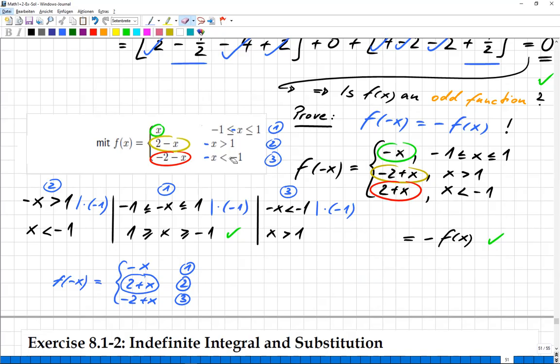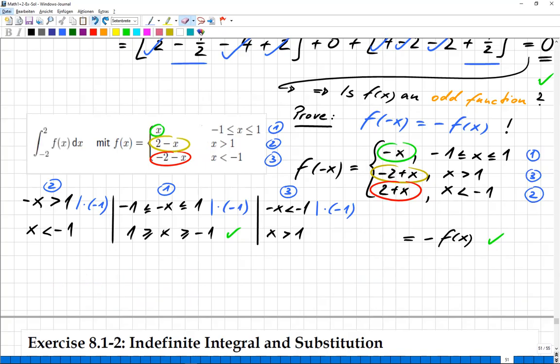And after all, let me just remove all these blue notes here. After all, we can check whether this equation is fulfilled, so that in the middle area, what we get as a function value, which is x here, gets replaced with negative x, which is the negative value of x.